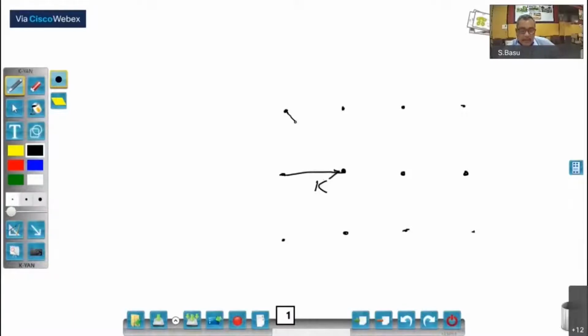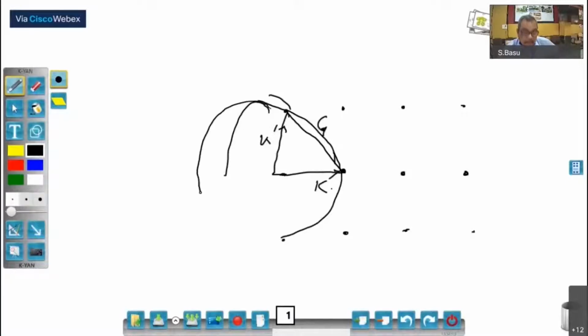Whenever the reflected beam is like this, whenever k and k prime intercept the reciprocal lattice vector, then you will have a reflected beam. So in reciprocal space, whenever k minus k prime equals g, a reciprocal lattice vector, you will have a scattered beam. This is known as the Ewald construction.